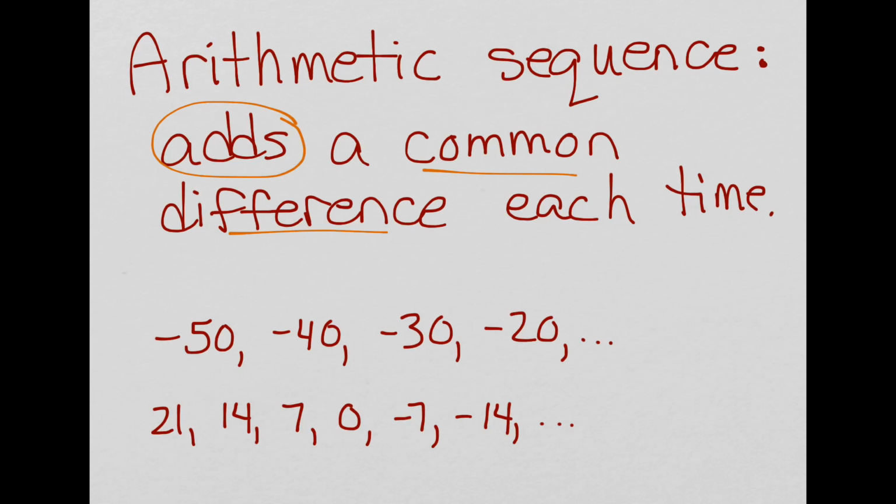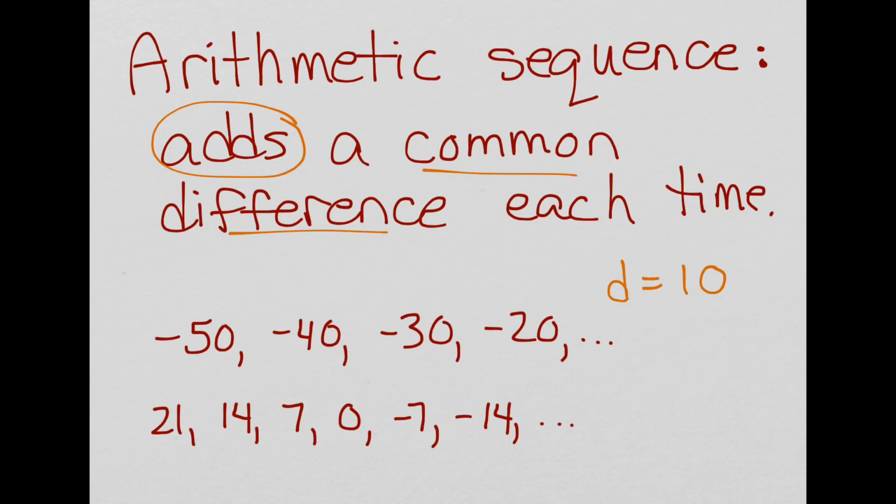So let's look at 2 more just to practice. Let's find the common difference for this first arithmetic sequence. From negative 50 to negative 40, negative 30, negative 20, it looks like we're getting bigger by 10 every time. And so the common difference on this would be 10. That's what we're adding every time. Let's look at the next one. 21, 14, 7, 0.